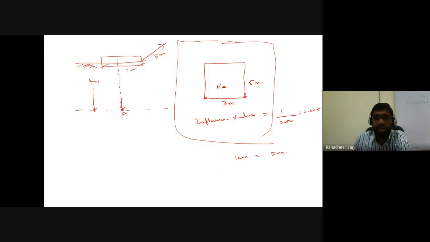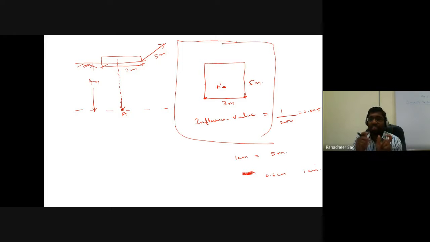So what will be the width of the foundation that I should represent on your Newmark chart? Sorry, not 3 centimeters. 1 centimeter is representing 5 meters, in the sense your width has to be represented as 0.6 centimeter, and length has to be represented as 1 centimeter.